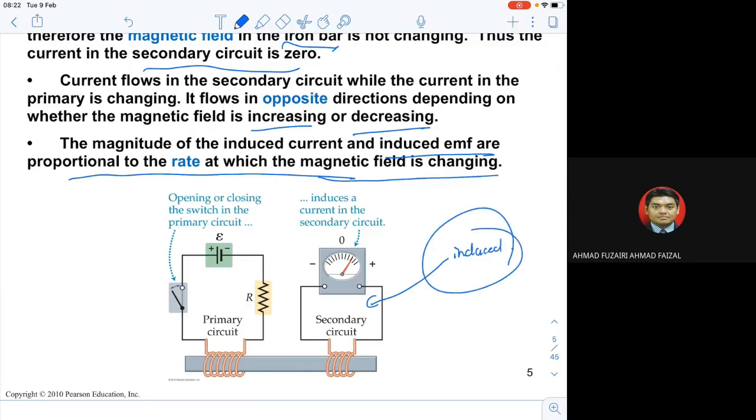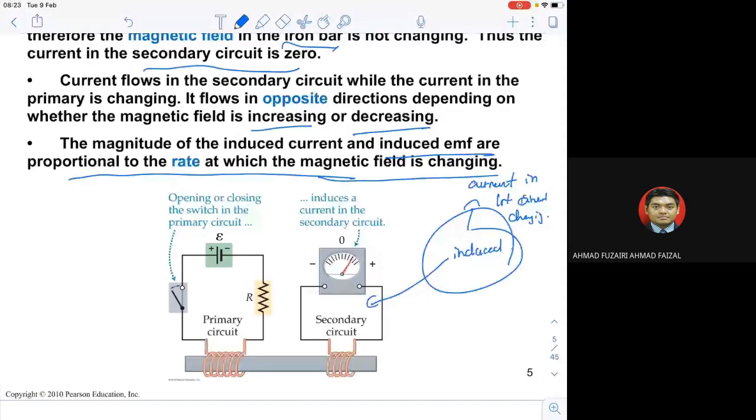And how to get the induced? You must make sure that the current in the first circuit is changing. You must always make the current in the primary circuit change from time to time.